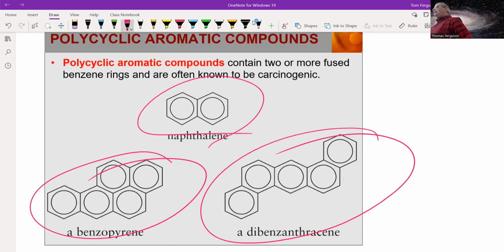And these are all badass. These are not nice chemicals. This is what caused the bladder cancer in the chimney sweeps in the Midwest. These guys here. And this is also what's present when you overcook your barbecue and you get that black stuff on there.